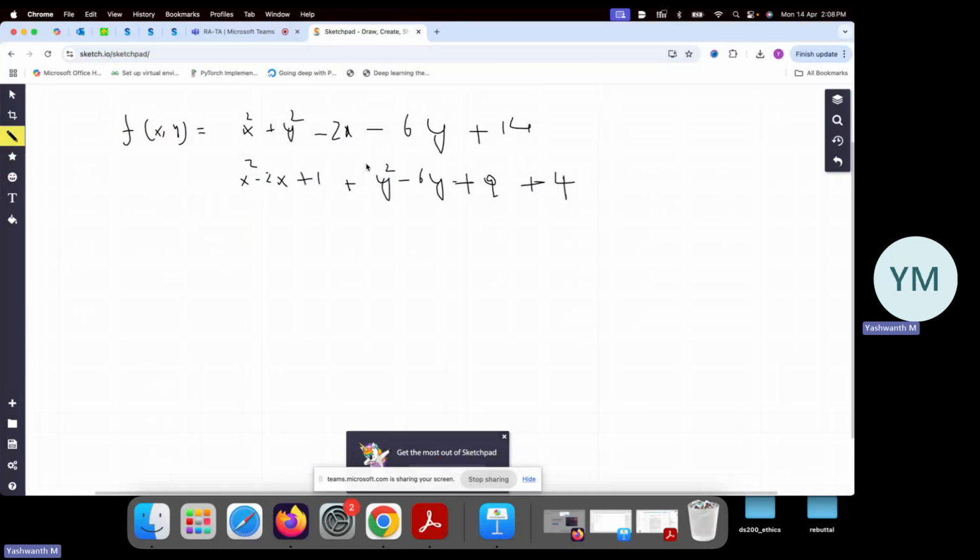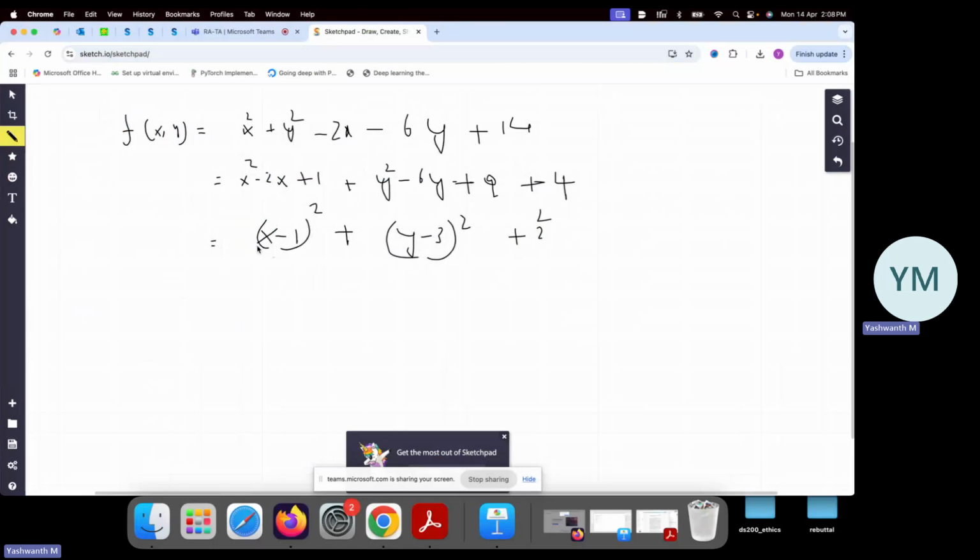We can rewrite the above equation as x minus 1 whole squared plus y minus 3 whole squared plus 2 squared. Here we can see x minus 1 whole squared is convex in x, and y minus 3 whole squared is convex in y.